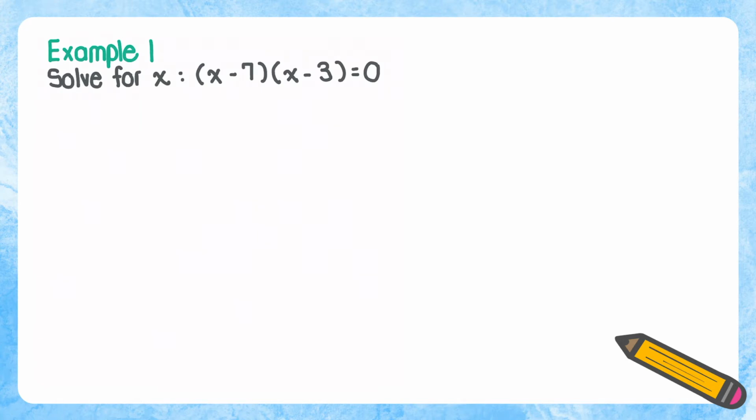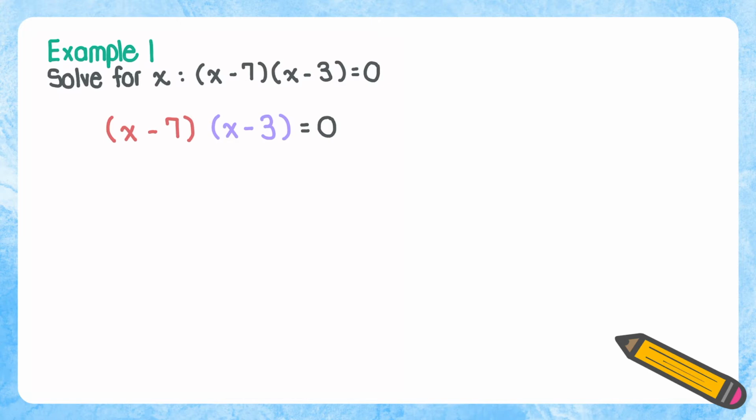So let's take a look at our first example. We're going to solve for x using the zero product property. Notice here that I have a product. It's x minus 7 times x minus 3 equal to 0. According to the zero product property, one of these is going to equal 0.